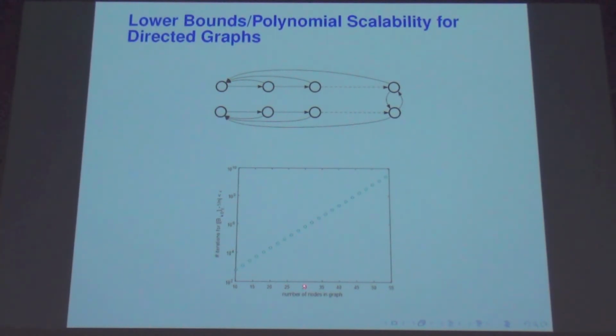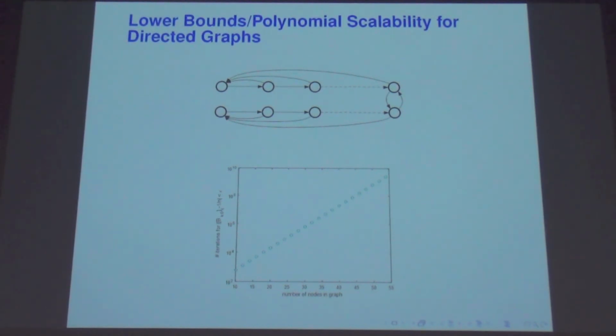So even for a very small graph, let's say 40 or 50 nodes, you already need 10 to the power of 8 iterations. Which means that, and this is in logarithmic scale, for directed graphs the best algorithm that we have depends exponentially on the number of nodes in your graph.